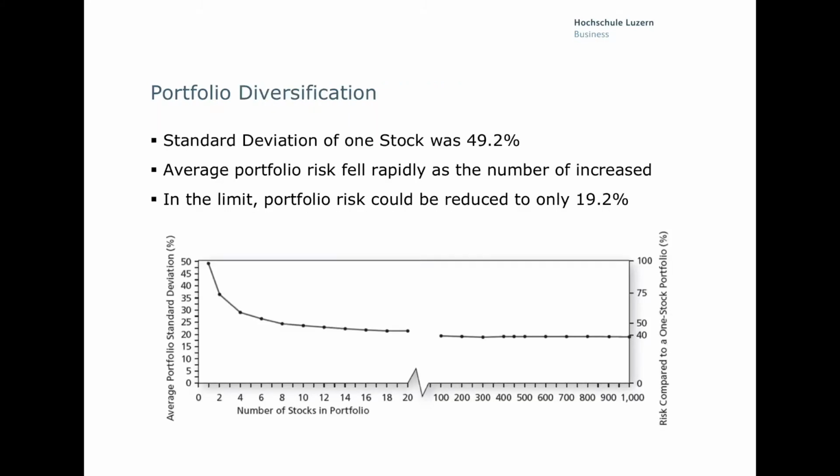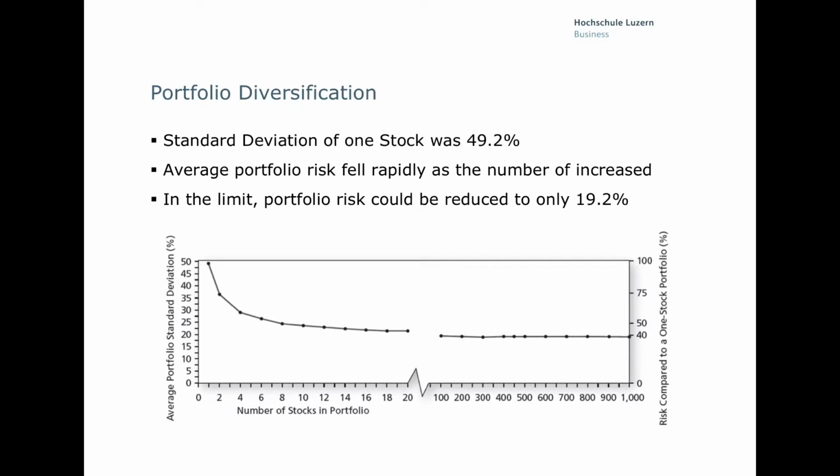Portfolio diversification. In the graph below, the effects of portfolio diversification are shown using data on stocks of the New York Stock Exchange. The figure shows the average standard deviation of equally weighted portfolios constructed by selecting stocks at random as a function of the number of stocks in the portfolio.